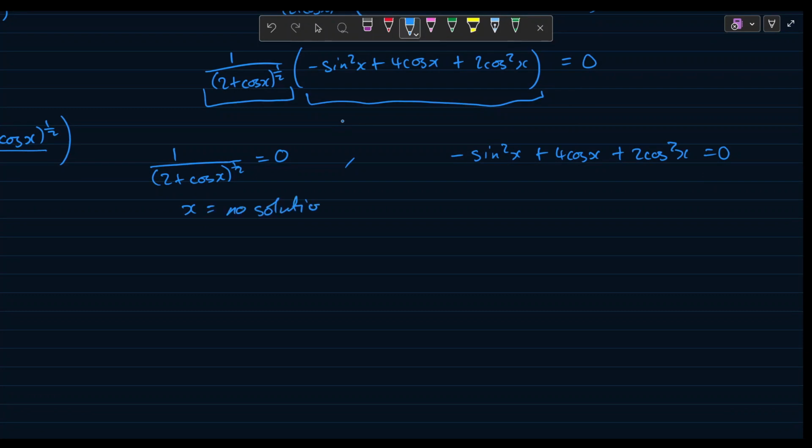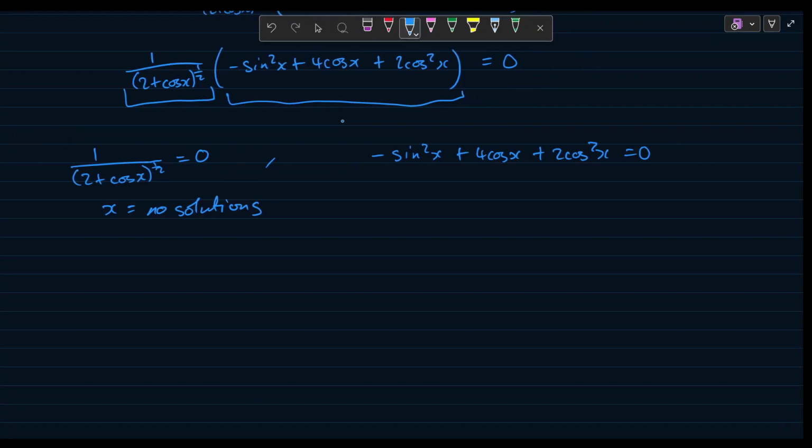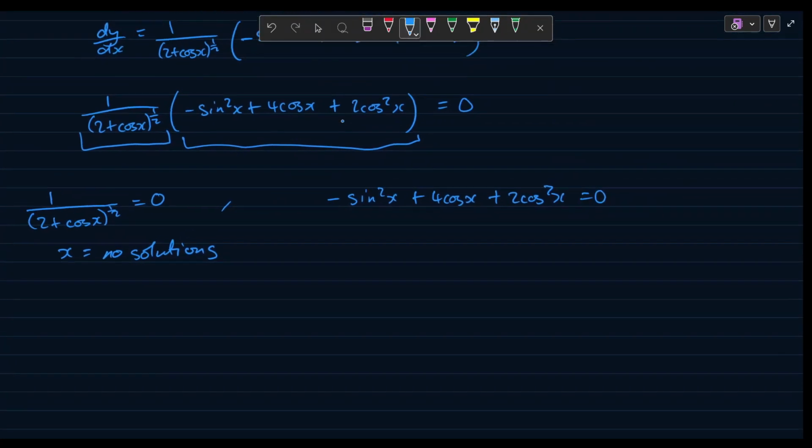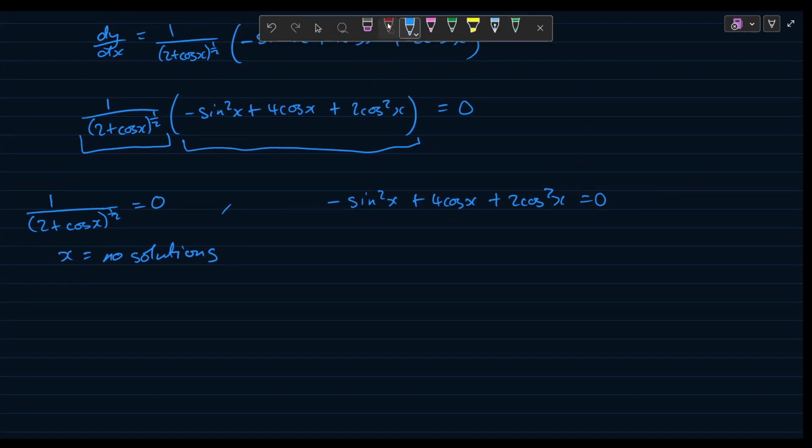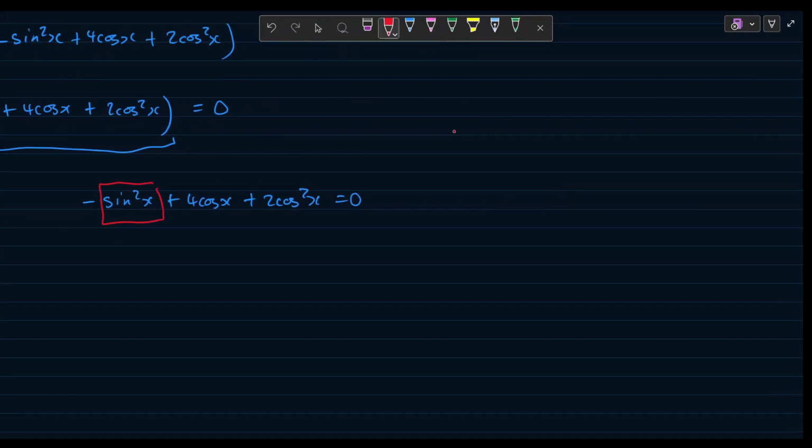And then in the second equation here, we can use an identity to rewrite our sine squared x in terms of cos squared x, so that we end up with a quadratic in cos x. So we want to use the identity that sine squared x is identical to 1 minus cos squared x.